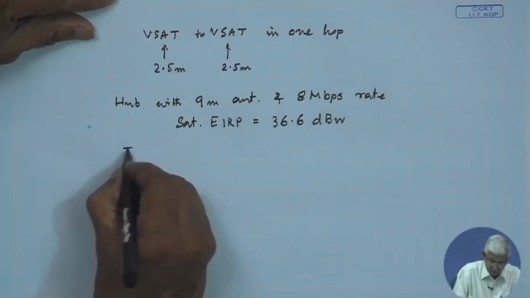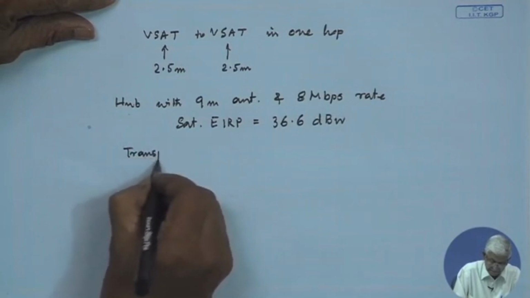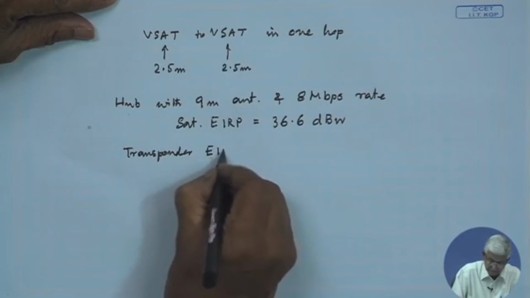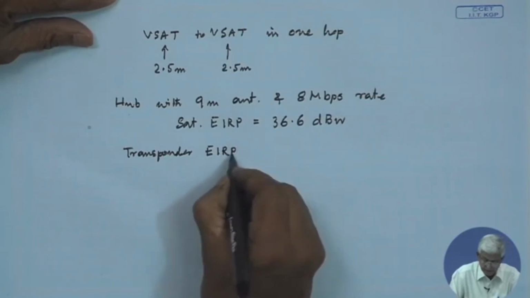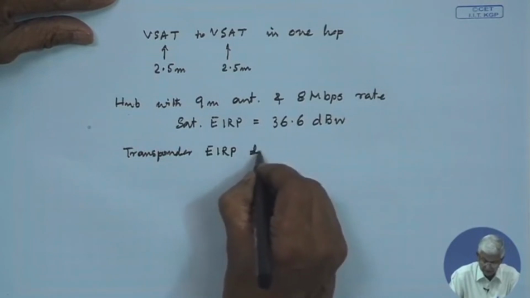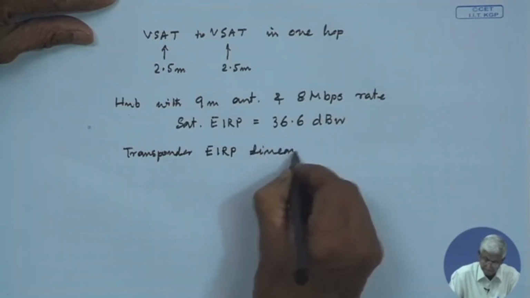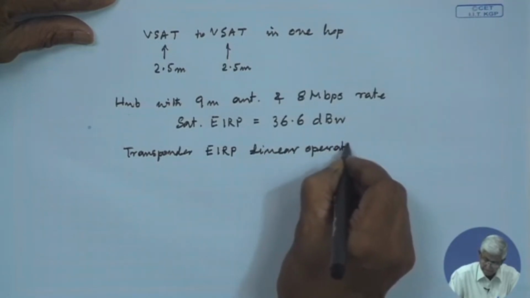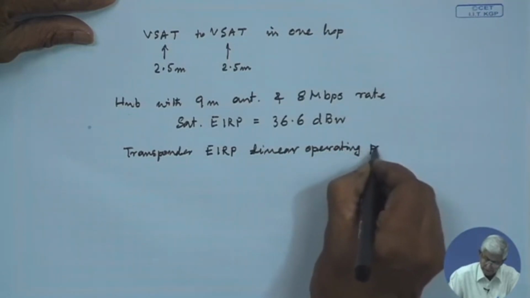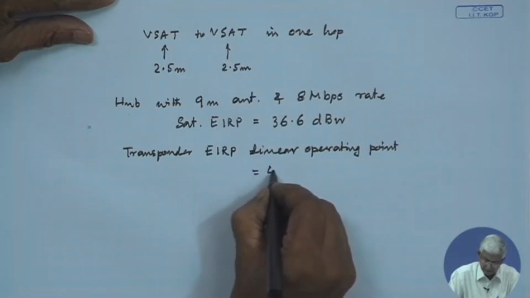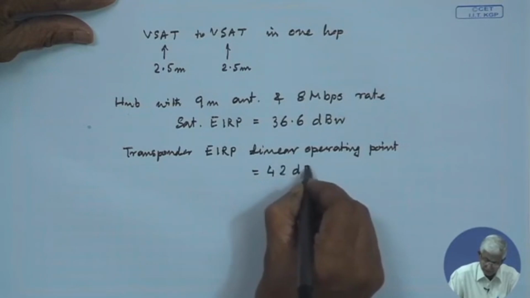Now, transponder EIRP is of the order of, in the linear region of operating point, in the linear region of operation is of the order of 42 dBW.